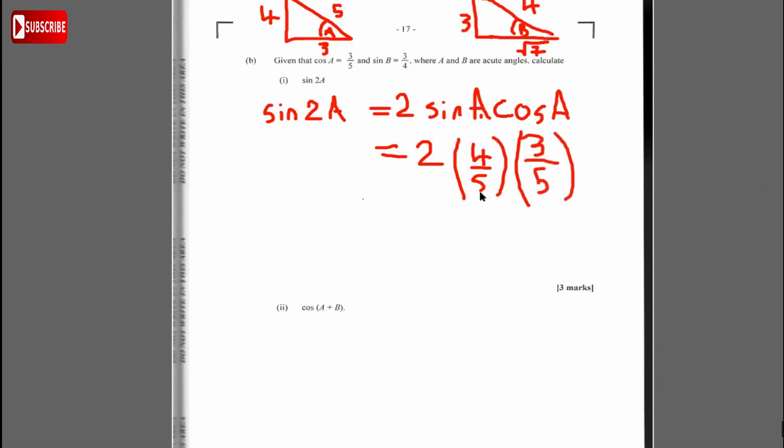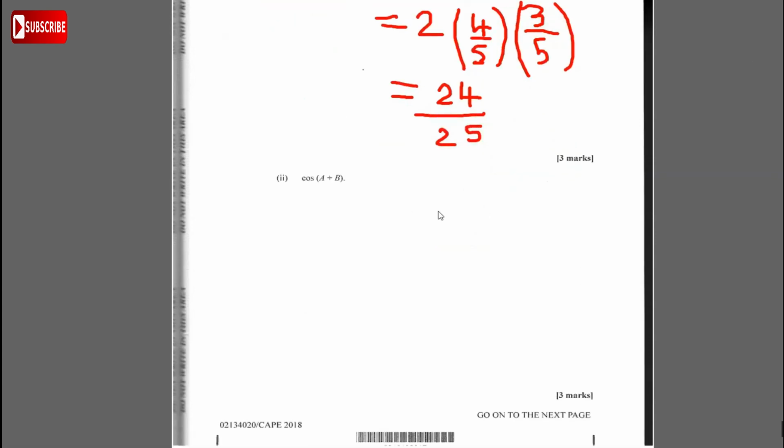So you go ahead and work these out now. 2 times 4 is 8. 8 times 3, 24. So sine 2A is 24 over 25. No issues with this question. 24 over 25. Nice.